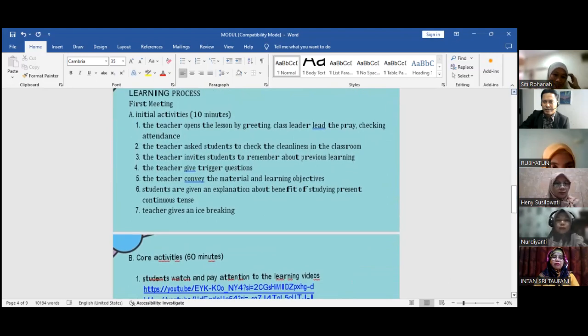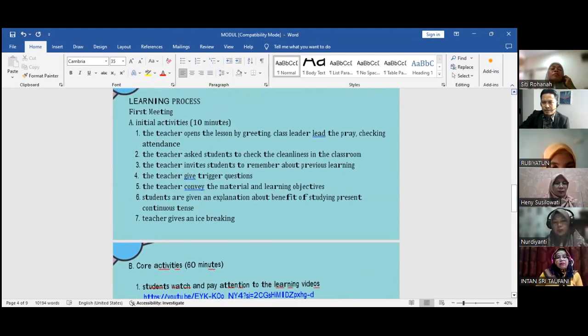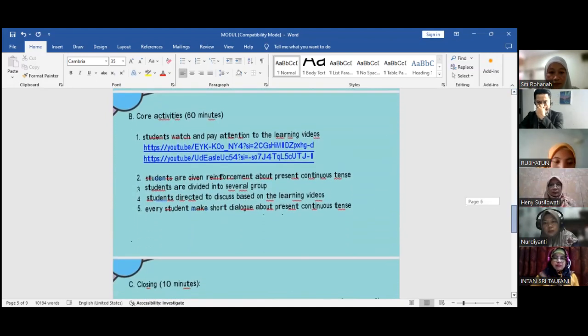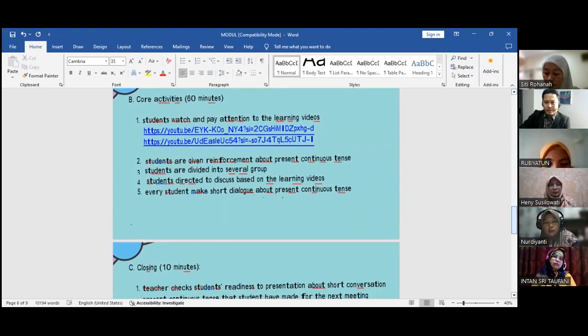Okay, the first consists of 10 minutes for the opening, and then core activities consist of 60 minutes. Next. Scroll it, please. Okay, closing 10 minutes.